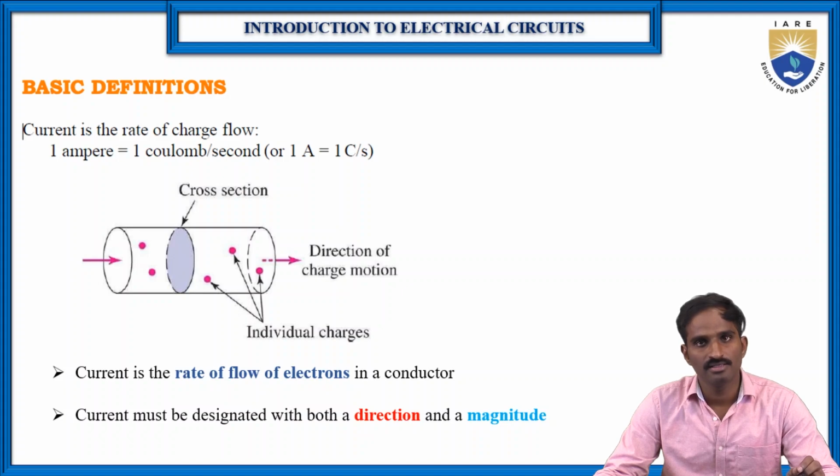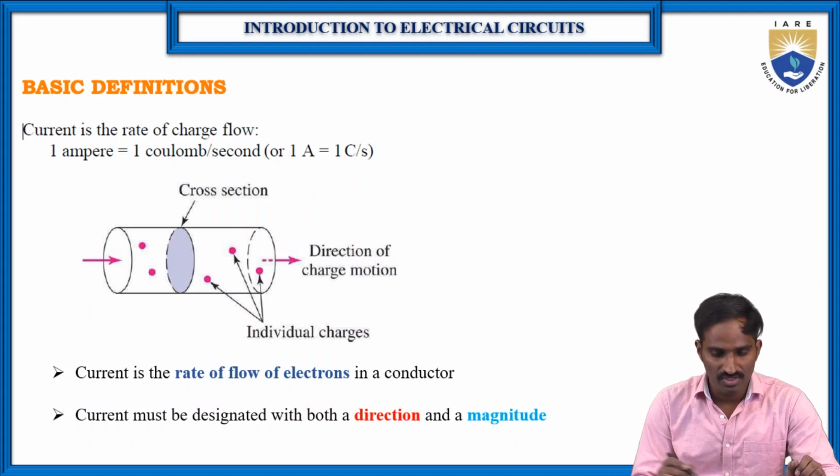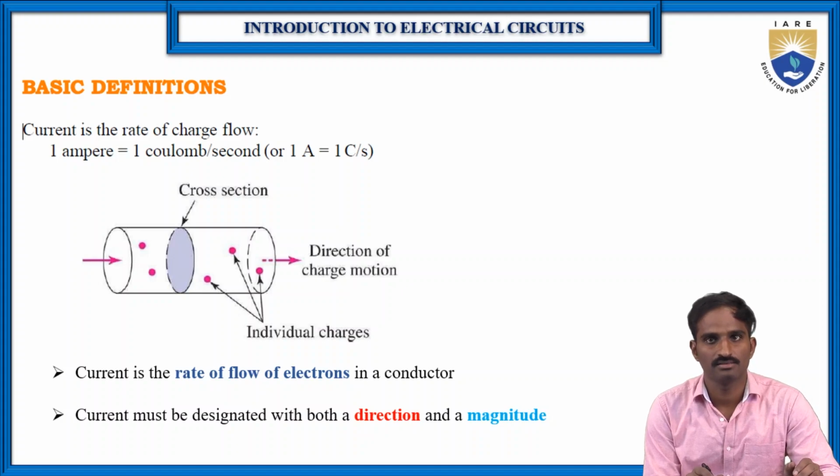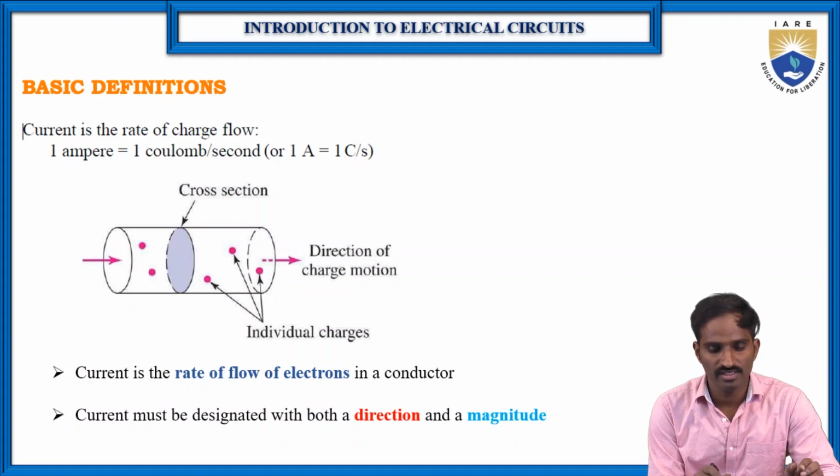The unit of current is the ampere, so we measure current in amperes. One ampere is equal to one coulomb per second, the amount of charge passing through a conductor in one single second.